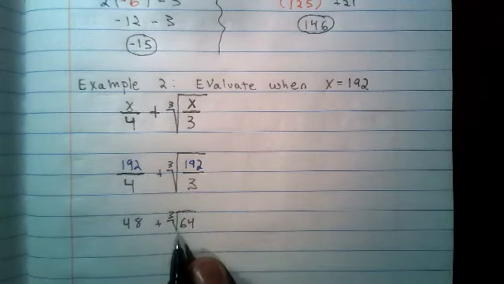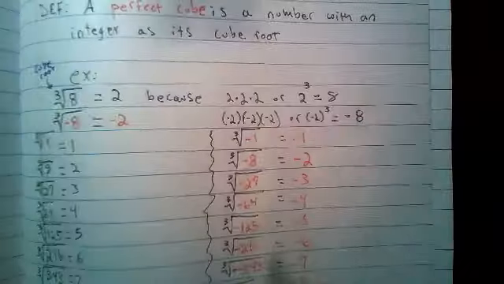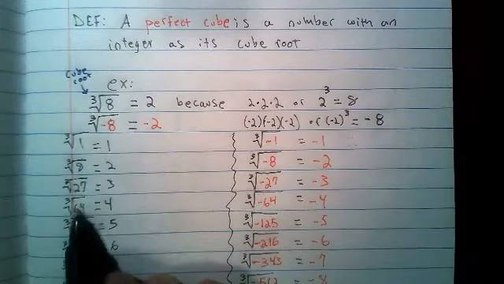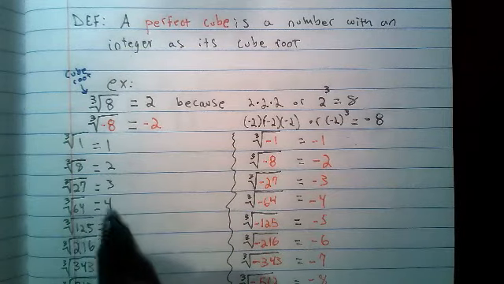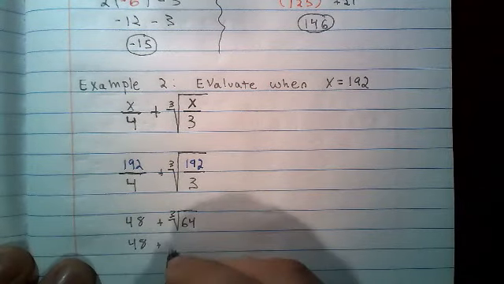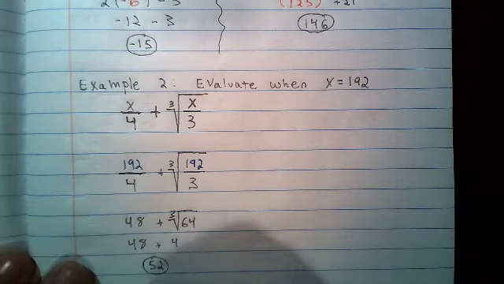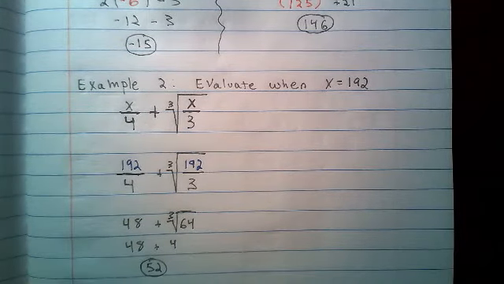Now, what is the cube root of 64? If we look at our list, cube root of 64 is 4. We go back to my page. This becomes 48 plus 4, which is 52. And there you have it.